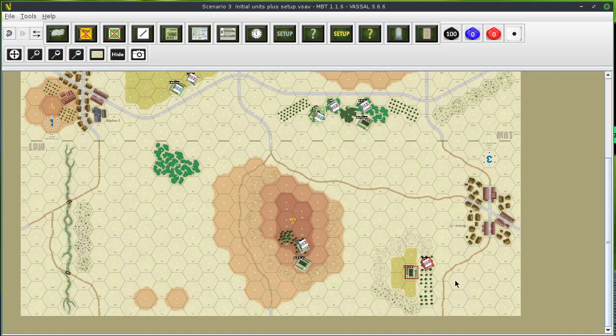So let's see now. Draw 10. See, that's good. I guess that's not necessarily a good spot for him.